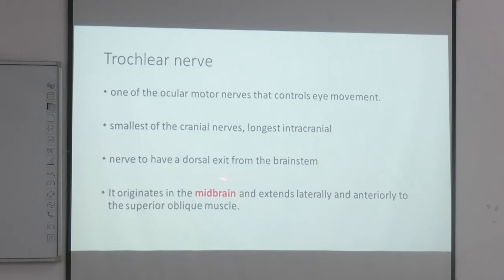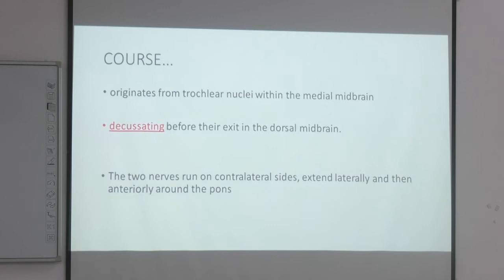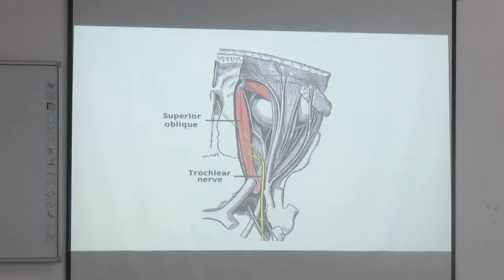The second thing is, once it comes out of the midbrain, it decussates. So the fibers of this fourth cranial nerve cross with each other, go in the opposite direction, and run through the space lying in the peduncular fossa, and then they move up and go to the cavernous sinus.